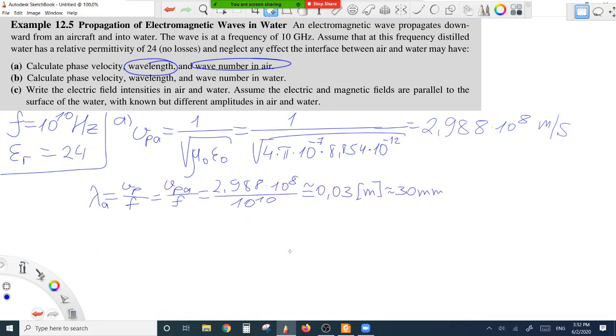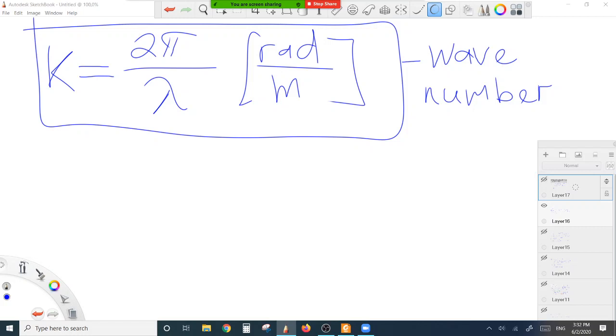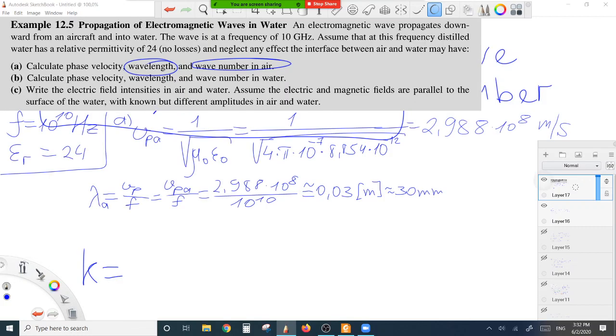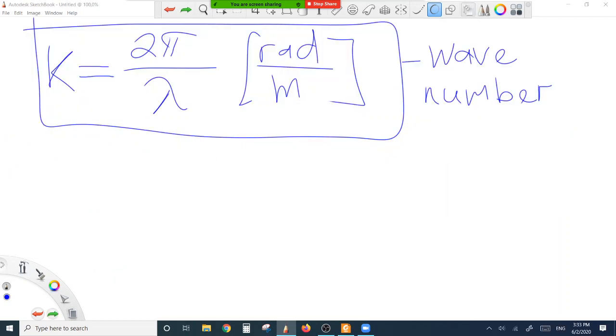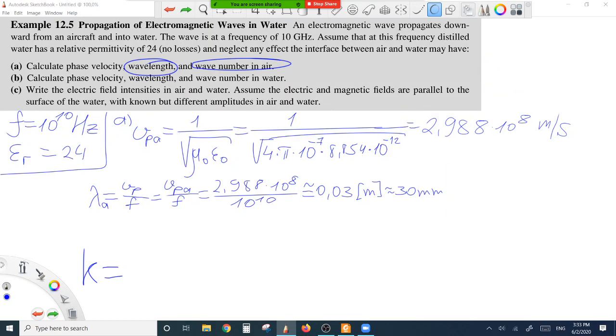Okay, wave number in the air, k. We said that wave number is 2π over lambda. Wave number in the air, k_a, is equal to 2π over lambda_a.